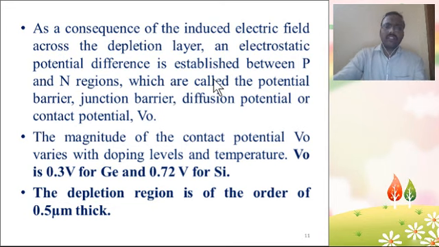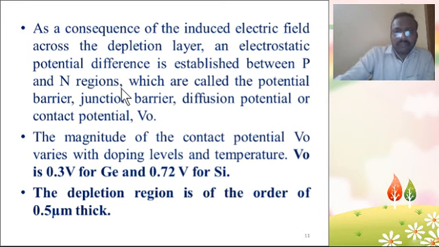As a consequence of the induced electric field across the diffusion layer, an electrostatic potential difference is established between the P region and the N region. This is called the potential barrier, junction barrier, diffusion potential, or contact potential.